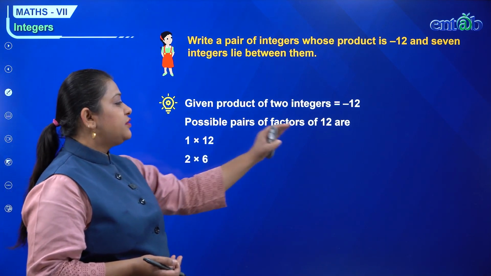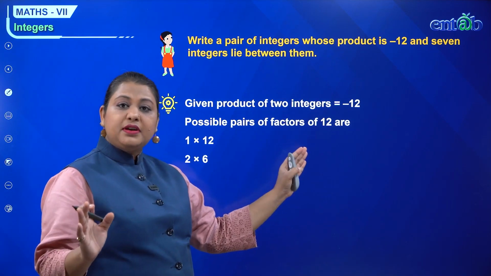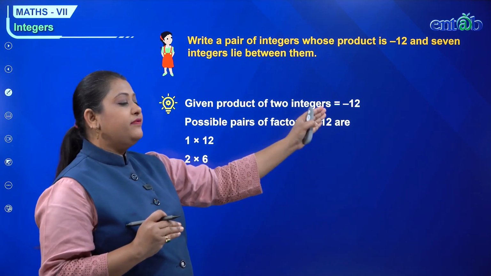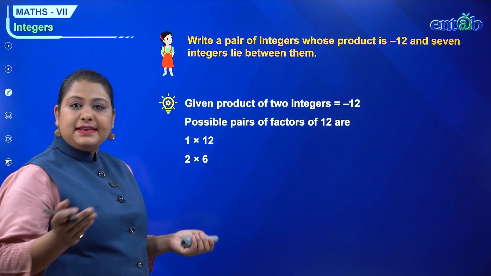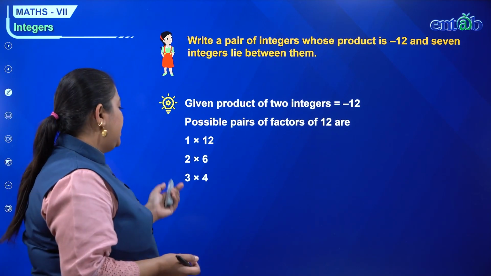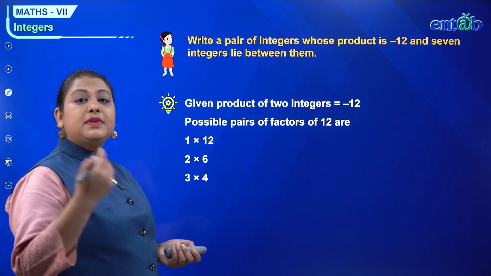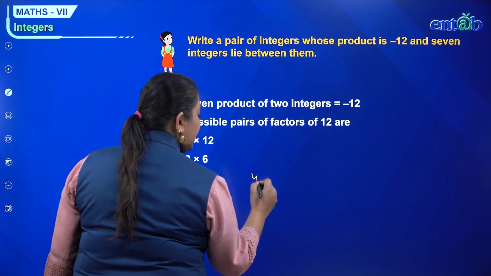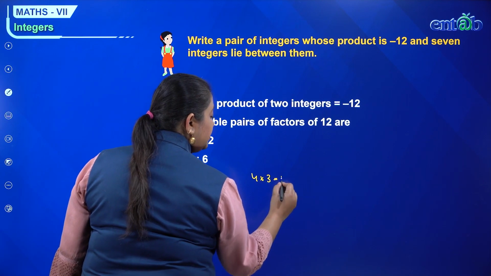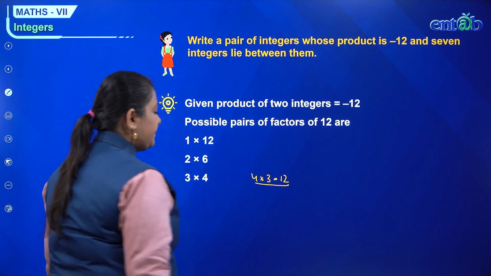I am taking first of all the factors of 12 here, and then we will see what can fit to minus 12. Then it is 2 times 6, right? Then it is 3 times 4. Then 4 times 3 is also 12. So since the order gets repeated, we stop finding the factors, right?